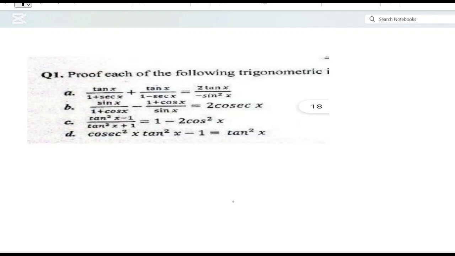The first one is sine squared x plus cos squared x is equal to 1. The second identity that you need to know is 1 plus tan squared x is equal to sec squared x.